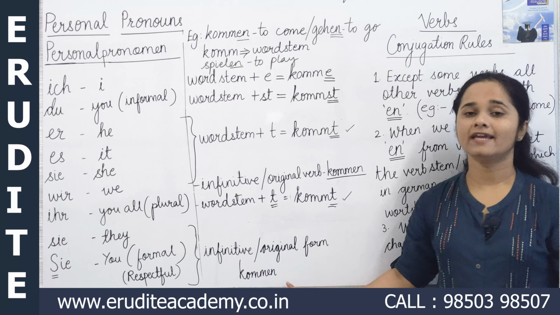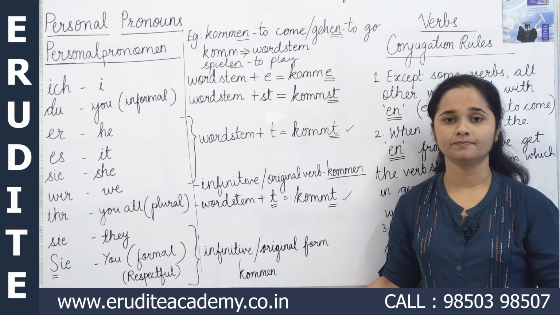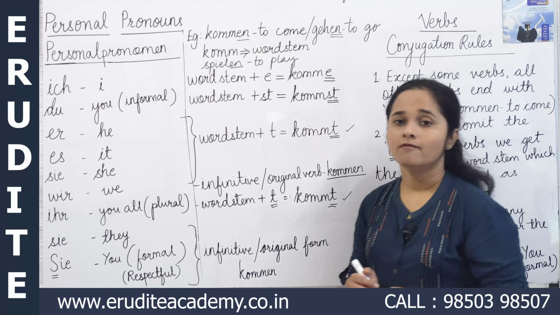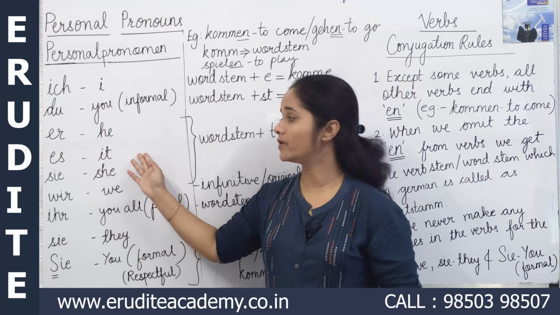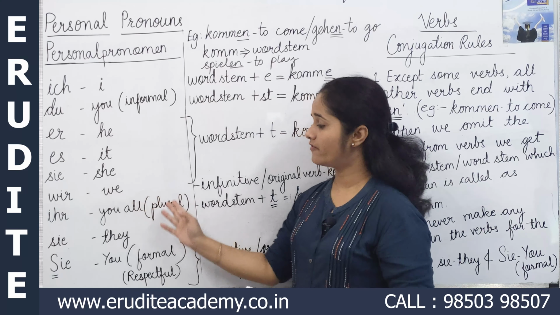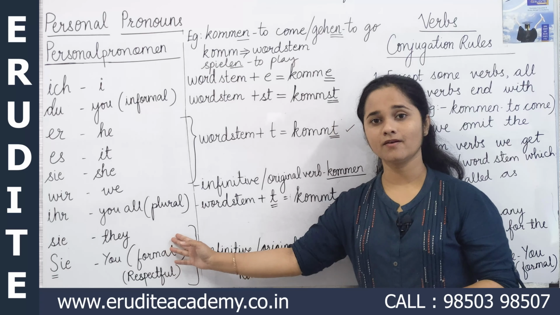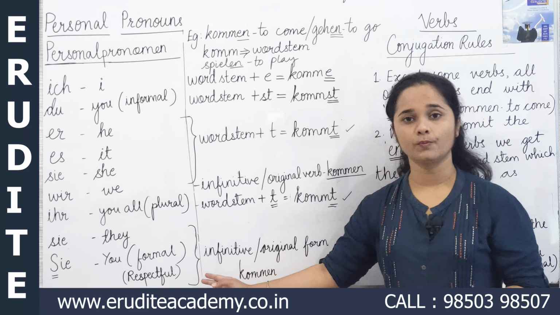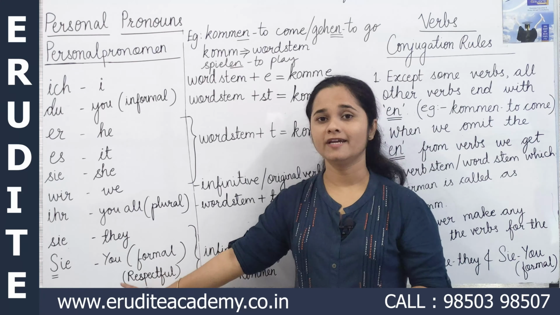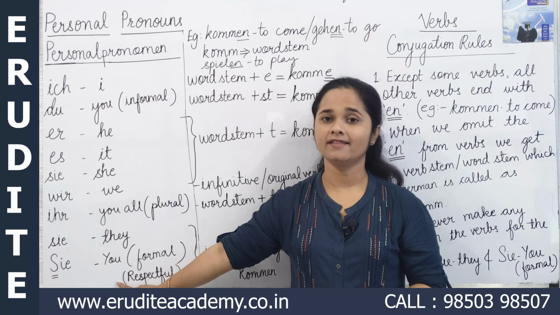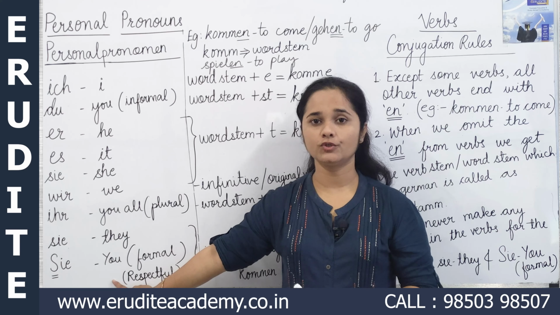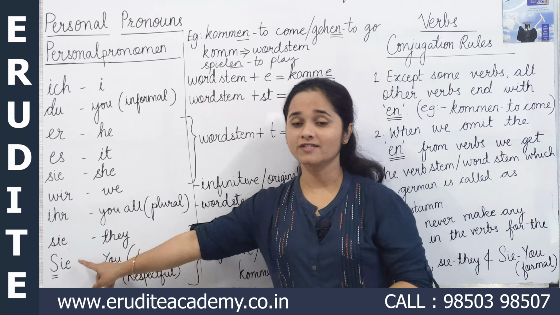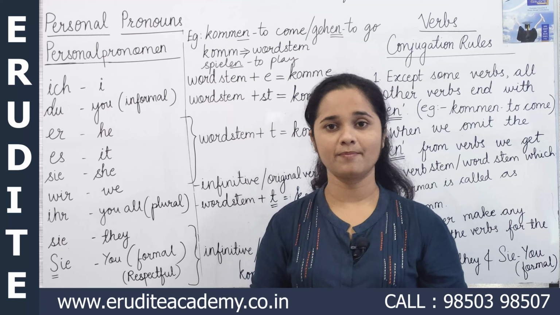And this is for any verb you learn in German. And then many of you will have a problem knowing whether it is sie, which means she, or whether it is sie, that is they, or the Sie with capital S, which is you. For this you form, it becomes very easy to understand that this is the formal or respectful form of you, because you see the S written in capital.